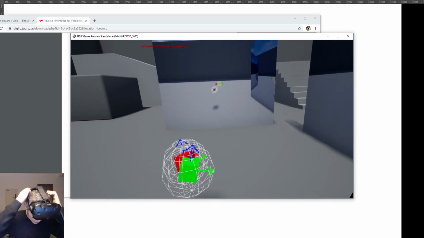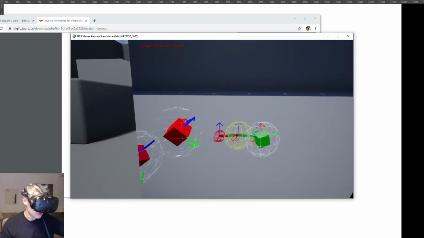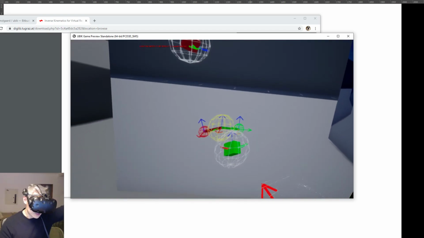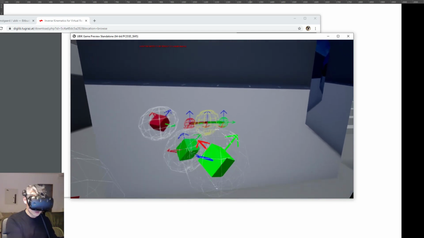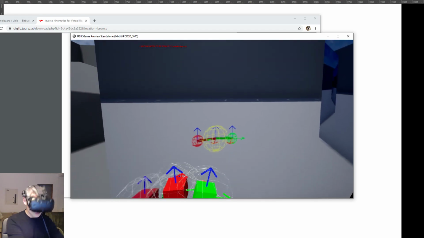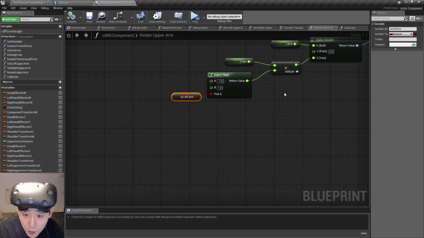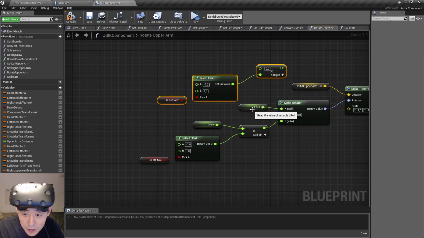So let's see if that fixed it. It looks like it's, and you can see it's moving. This one is correct. It looks to be correct. It's a bit hard to see with this small value. I'm just gonna take this part here and then copy this.